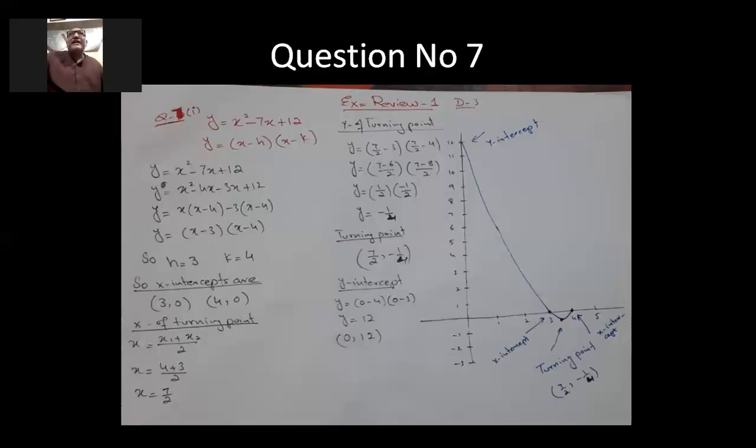I will take the LCM, so we have 7 minus 6 by 2, and 7 minus 8 divided by 2. Here you will have 1 by 2 multiplied with minus 1 by 2, so the final answer will be minus 1 by 4. So the turning point has coordinates 7 by 2 and minus 1 by 4.